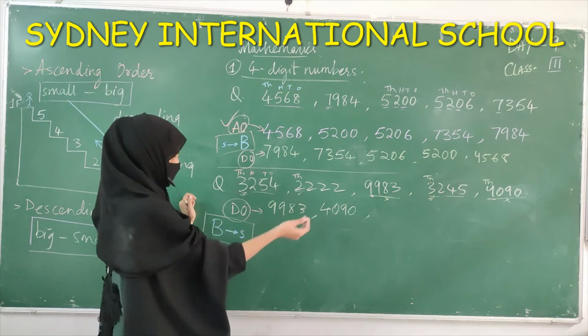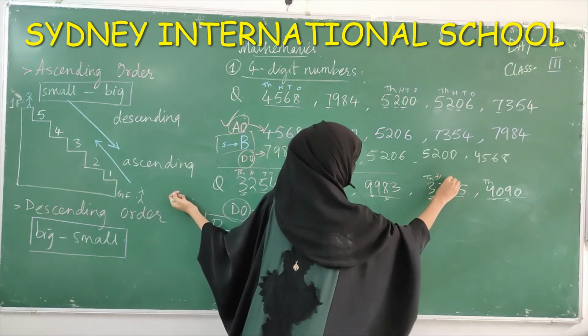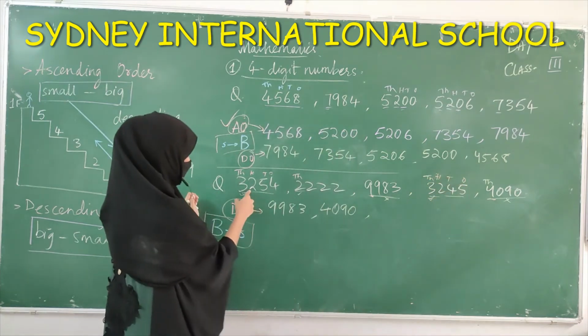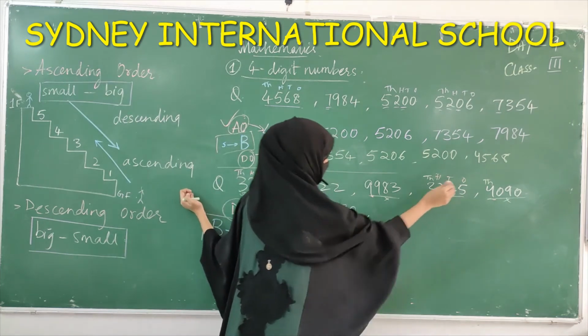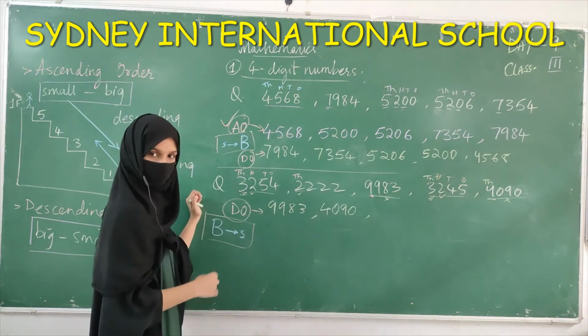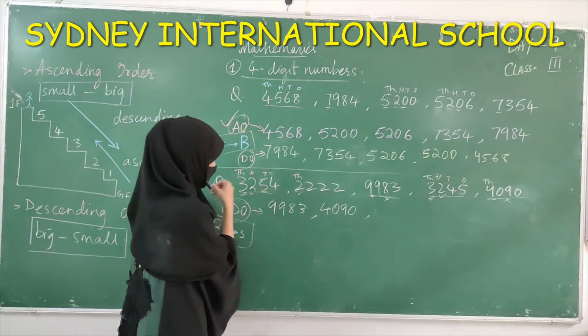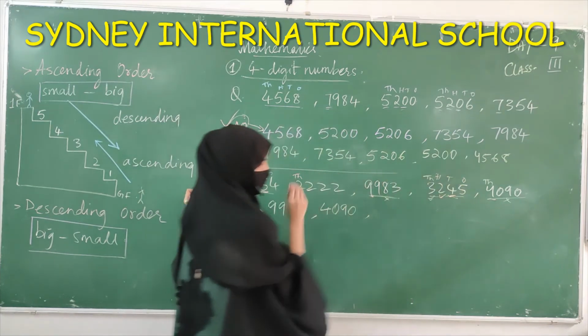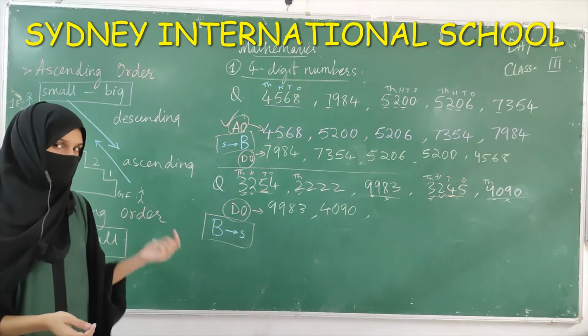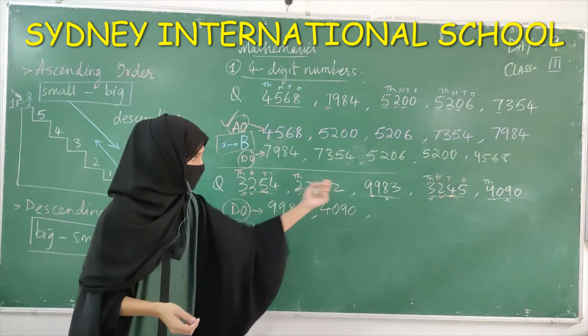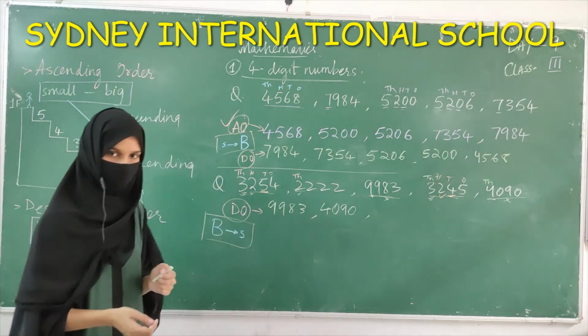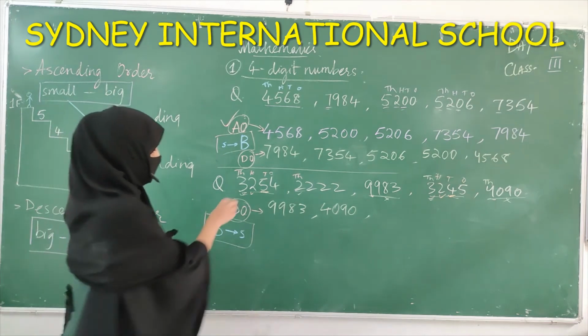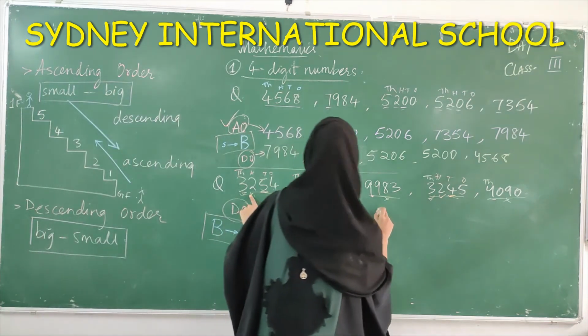So we'll go to the next place value, that is hundreds. Here we have 2, here also 2. Again the same numbers. We have to go to the next place value, that is tens. Here in the tens place we have 5. Here in the tens place we have 4. We are arranging in descending, big to small. Which is bigger? 5 is bigger or 4 is bigger? 5 is bigger. So we will write this number next.